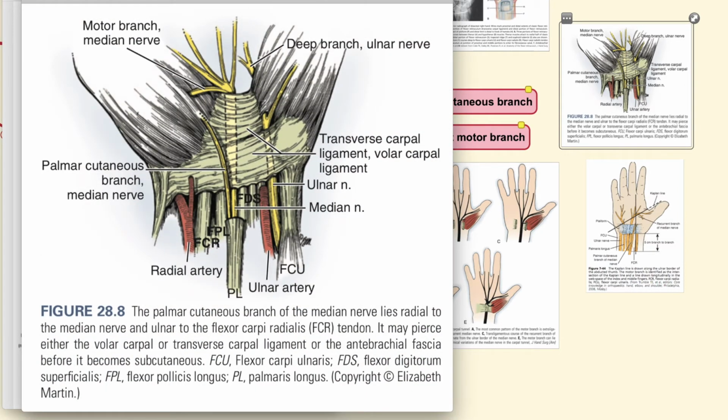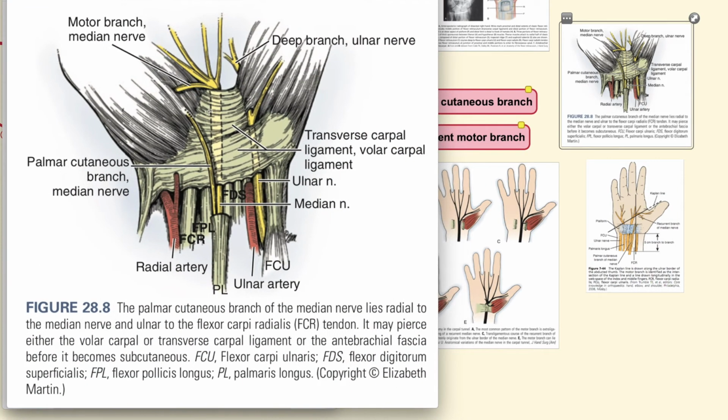I'm going to show you this quick picture here. It shows very well the median nerve, the one in yellow, and also the palmar cutaneous branch of the median nerve. This branch gives a skin distribution right here, at the base of the thumb. But there's also the recurrent motor branch, which is this big yellow one.